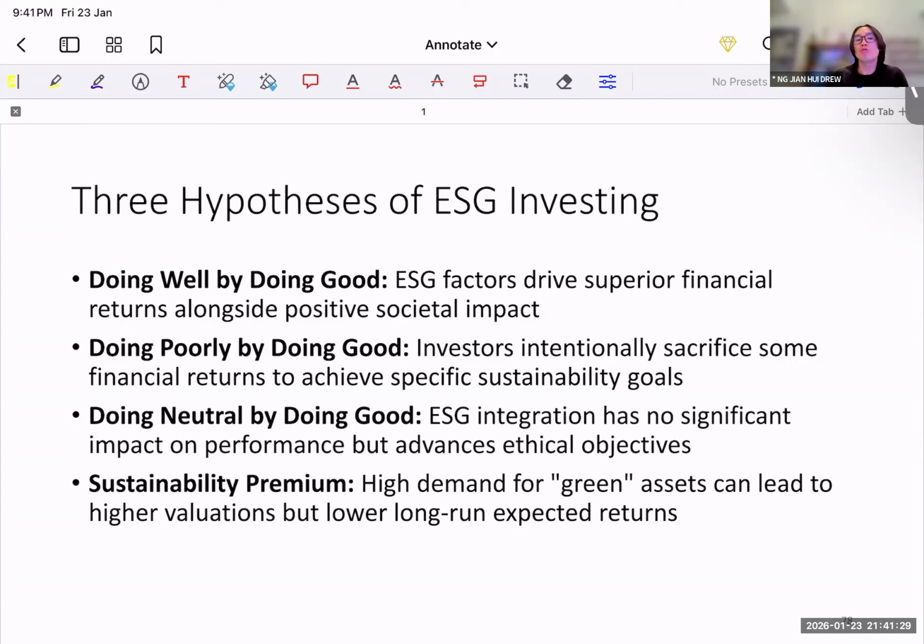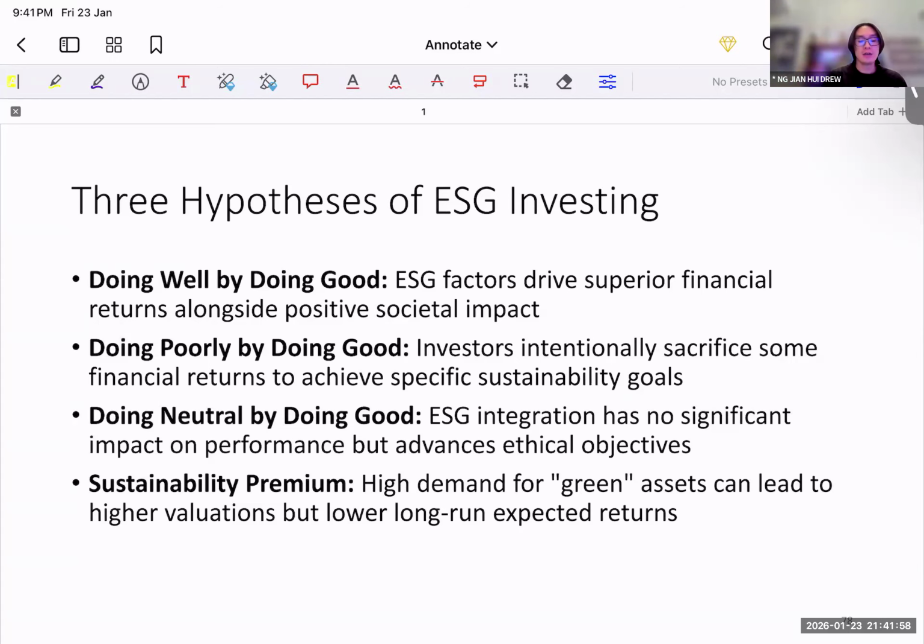So yes, we do good, we build wind farms, but does that mean we are neglecting our profitability or taking on excessive leverage? Those are some concerns that maybe we are doing poorly because we are doing good. And like what I mentioned about many firms that are investing in wind farms and solar, they're actually doing quite poorly when they are doing good, which is very unfortunate, but it's the truth, right?